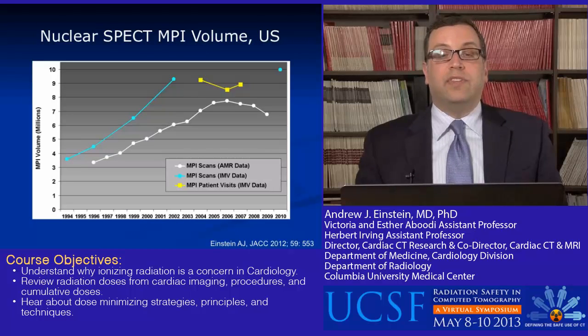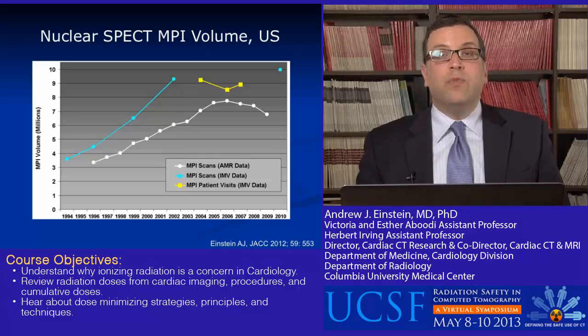Moreover, the number of these procedures has increased dramatically since the 1990s. Maybe they've flattened in the past 5 years. However, the number of procedures involving relatively large doses of ionizing radiation to patients rose tremendously from the 1990s to the present.